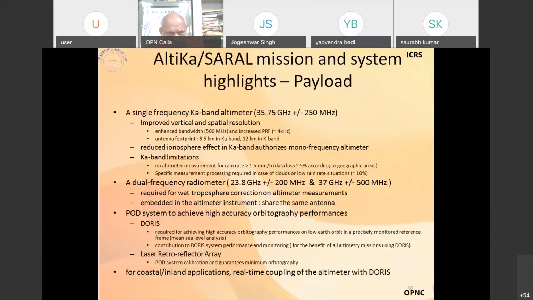This altimeter is operating at 35 gigahertz. And it has a dual frequency radiometer also, on Saral, 23.8 gigahertz and 37 gigahertz, for the topological correction and altimeter measurements, embedded in the altimeter instrument, sharing the same antenna. It is important here.